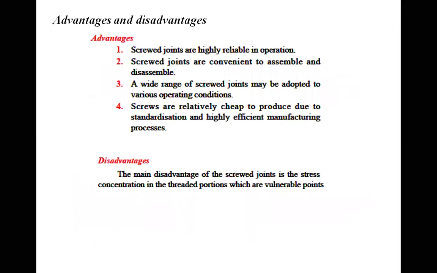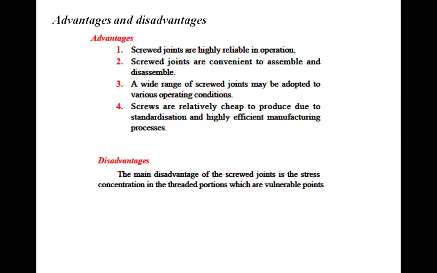As far as questions in our exam are concerned, we may have one simple question like this: what are the advantages and disadvantages of screw joint over welded or riveted joint? So what are those advantages?